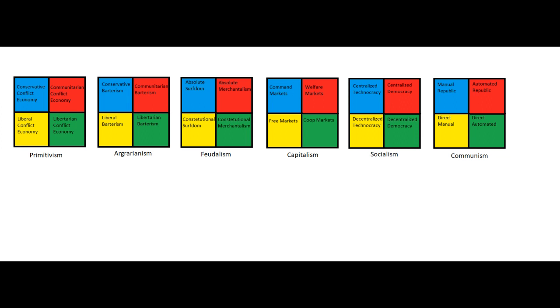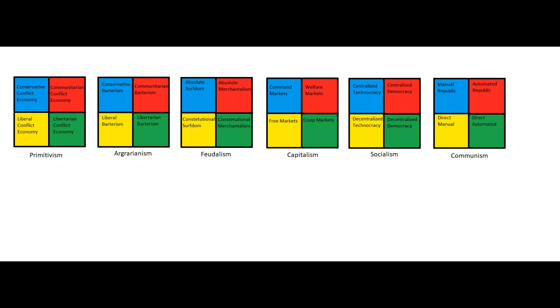We then have socialism. On the left side of socialism, you have centralized technocracy and decentralized technocracy. So what does that mean? Technocracy in this case basically means the workers did not choose your position, but rather your credentials gave you power within the economy. Whereas on the right, you have democracy. Democracy is where the workers actually vote people in.